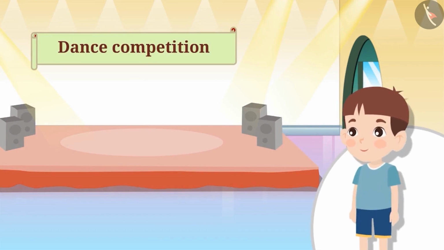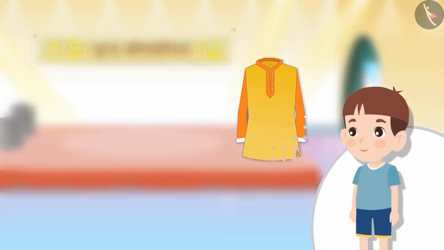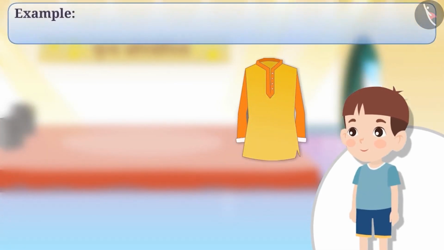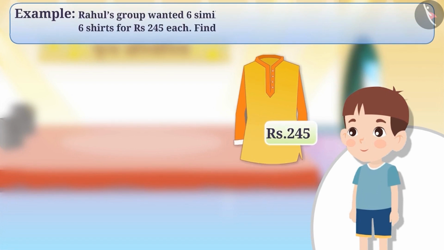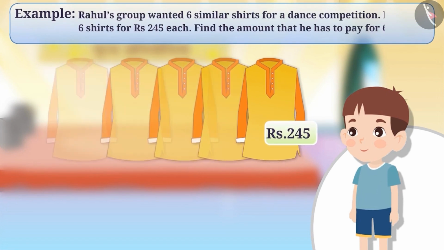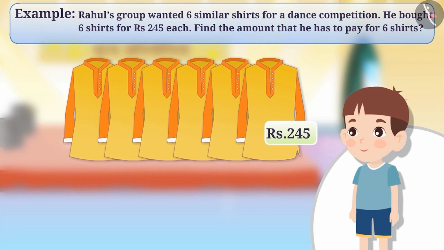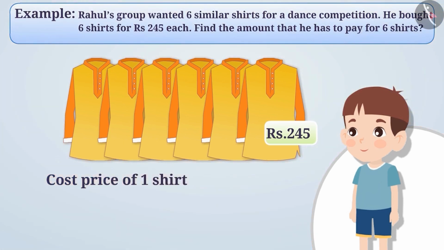Example 1. Rahul's group wanted 6 similar shirts for a dance competition. He bought 6 shirts for 245 rupees each. Find the amount that he has to pay for 6 shirts. Here, we have to find the amount Rahul has to pay for 6 shirts. We are given the cost price of 1 shirt, that is rupees 245.